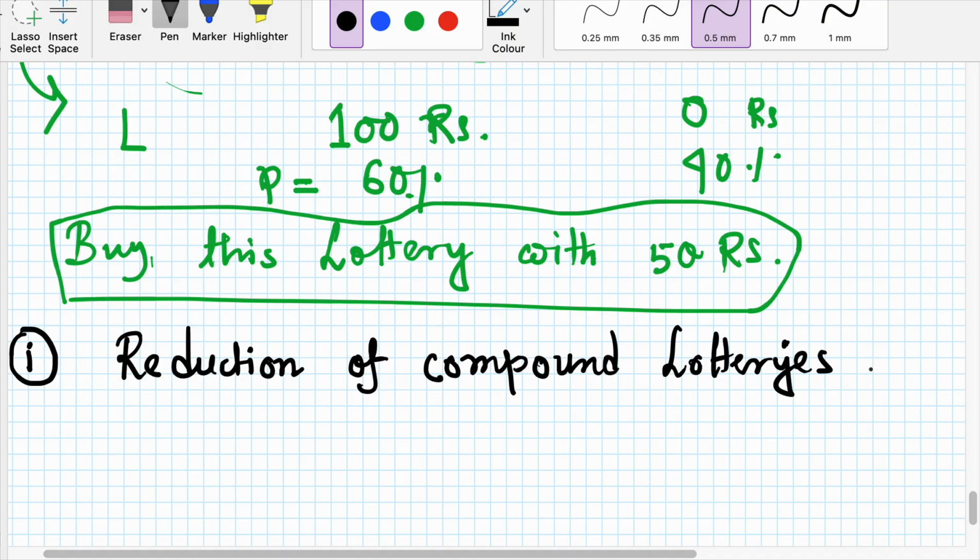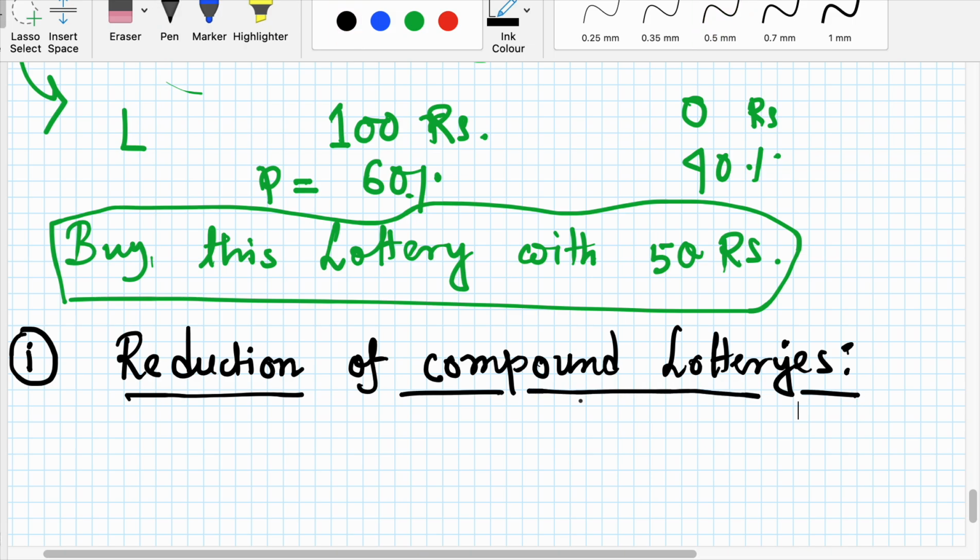Reduction of compound lotteries means that if I have a complex lottery, then according to the probabilities law I will reduce this complexity using the probability calculus.